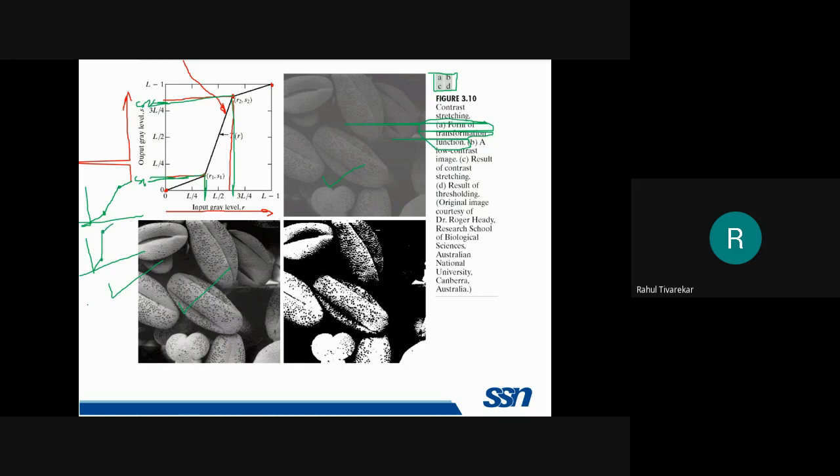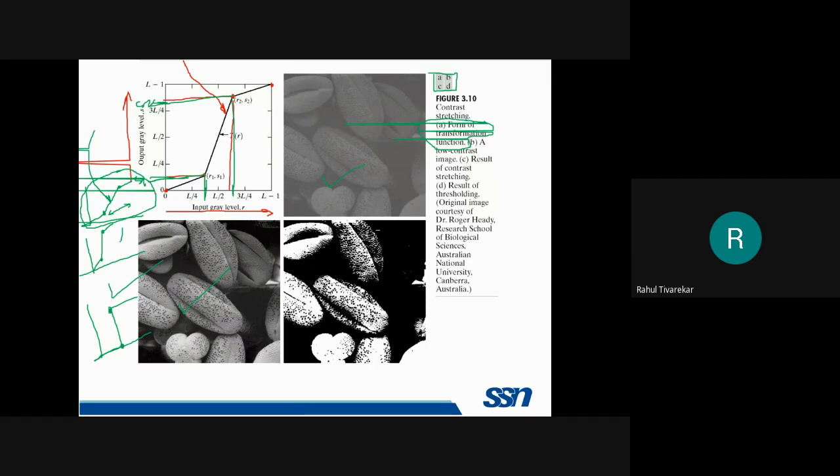This is one other kind of shape, and this is some other kind of shape. What I am doing is, if you look at this image, R1 S1 and R2 S2 are separated by a large amount in the horizontal axis. So the inclination here is a smooth inclination. In this case, you will get a less contrast stretching.